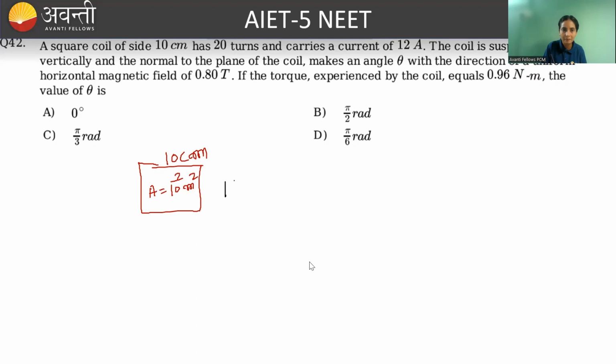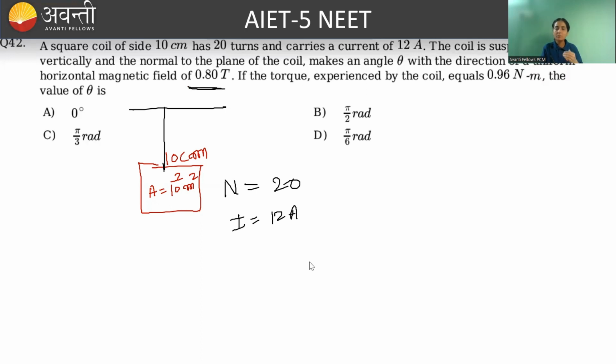It has 20 turns. This is not a single turn coil. Each turn is carrying a current of 12 ampere. The coil is suspended vertically, so it is suspended from a certain point and normal to the plane of coil makes an angle theta with the direction of a uniform horizontal magnetic field of 0.80 Tesla.